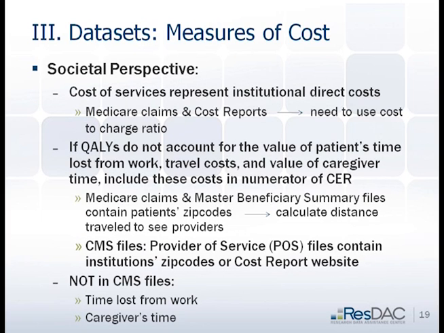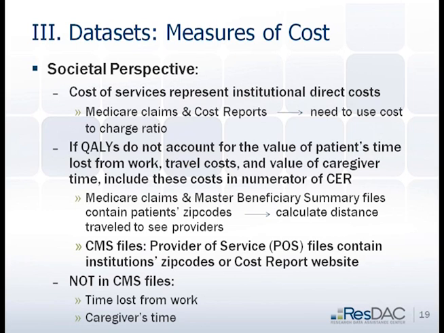Okay, well, so from a societal perspective, you want to incorporate costs, which you'll find in the Medicare claims, and you'll be working with the cost reports. And you're going to need to use the cost to charge ratio, which is the focus in the next couple of days.